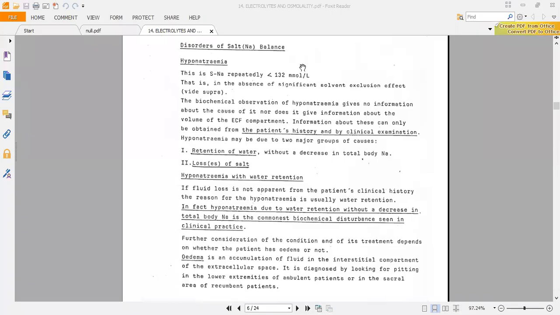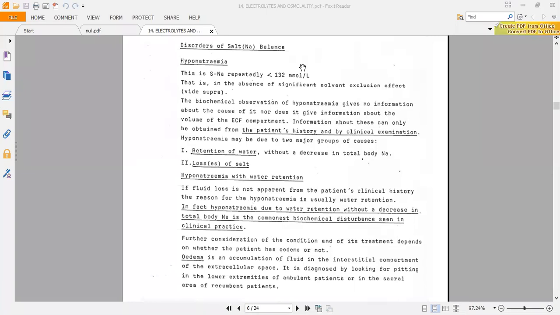So yesterday we started with the electrolytes, okay, and then we understood some principles that we should understand: the various compositions of the electrolytes in the various fluid compartments, okay.